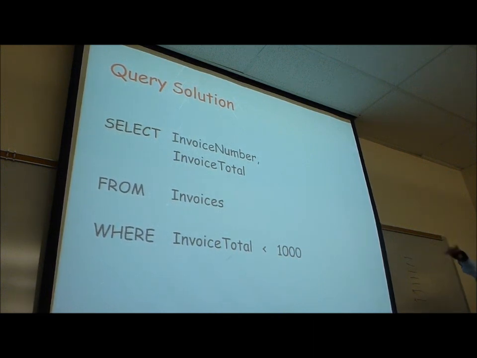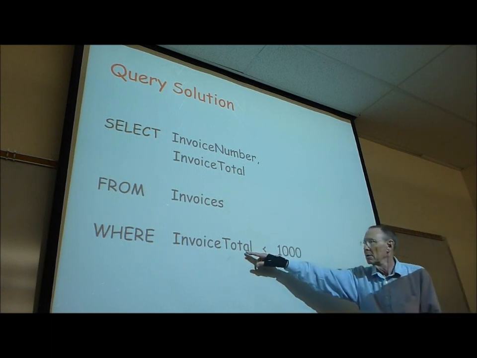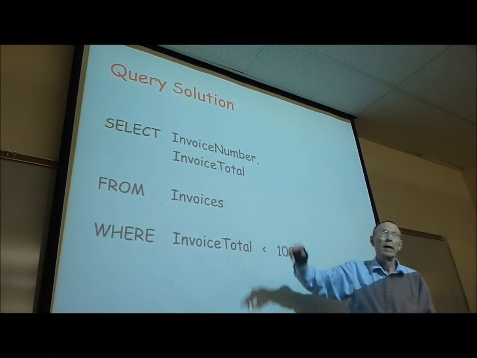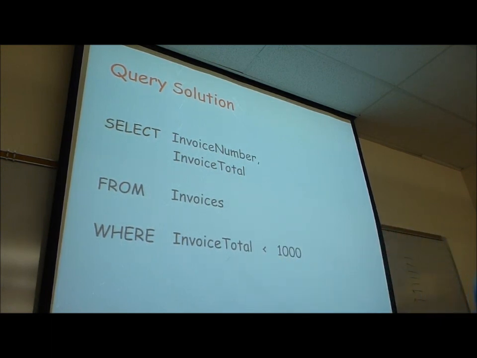So this is what's sometimes referred to as a table scan. It's going to touch each record in there. So if I have 114 invoices, I think that's what's in this table, it's going to look at each one, apply this condition, and if that's true, it's going to add it to the results set.